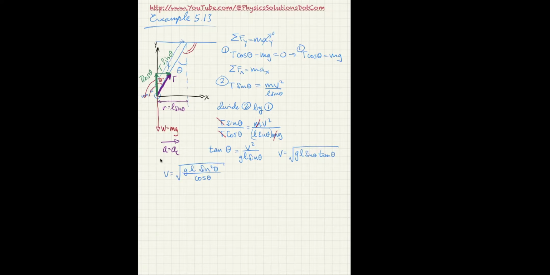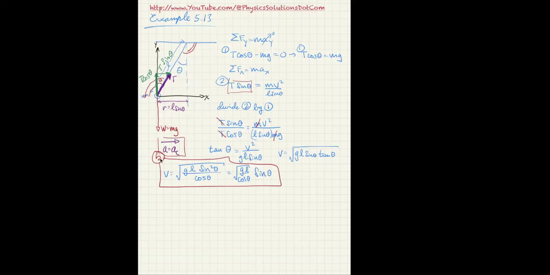And of course, you could also reduce that to the square root of gL over the square root of cosine theta, all of that times the sine of theta. So all of those are reasonable expressions for the answer to part B. And like I said, the answer to part A was that A is horizontal, and this T sine theta is the cause of the centripetal acceleration.